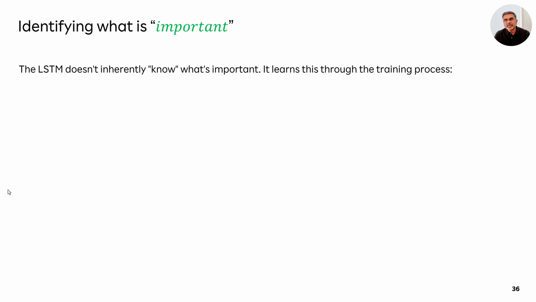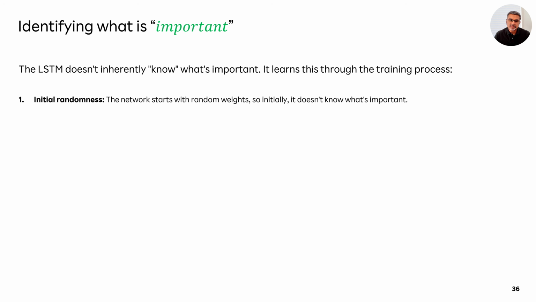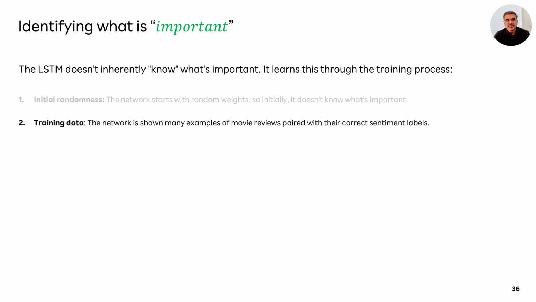The interesting thing is it actually does not really know what is important, but it learns it through the training process. And the way it does that is, first, it starts with some initial randomness. You initialize the weights to some random values, and we'll see what those weight matrices are shortly, but it initializes them to random. So it really does not know anything about what is important. The next thing is, as we are training, we show that network many examples.